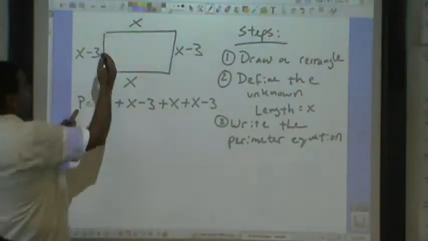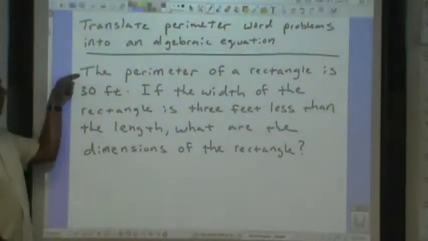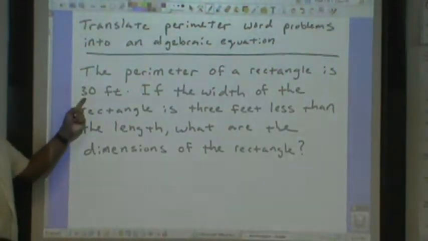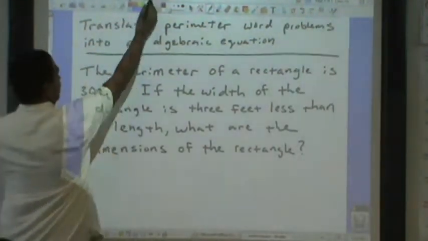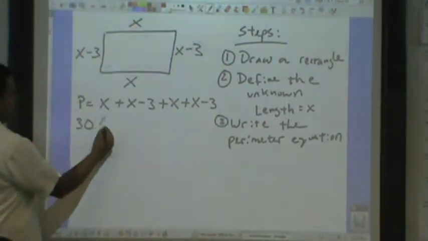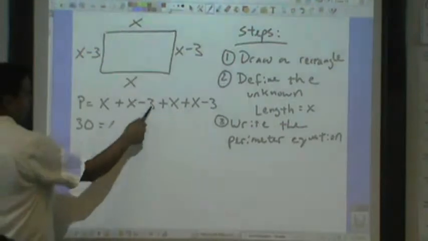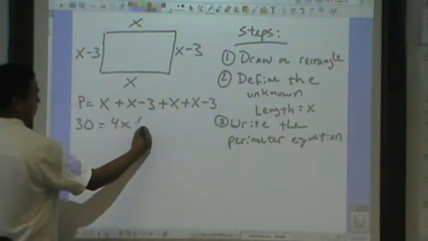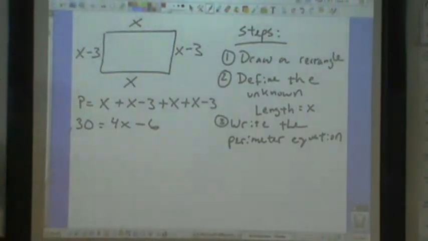Oh yeah, we do. What's the perimeter? 30 feet. Very good. So what happens here? 30 equals 4x minus 6. Solve it, go.